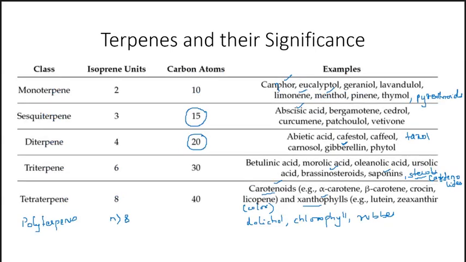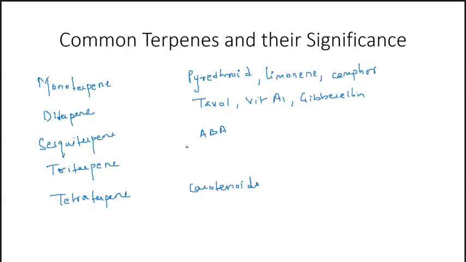Triterpenes include sterols. Brassinosteroid is again a hormone which is a sterol. Now polyterpenes include rubber, chlorophyll, dolichol, which are the sugar carriers. So these you have to remember by heart.